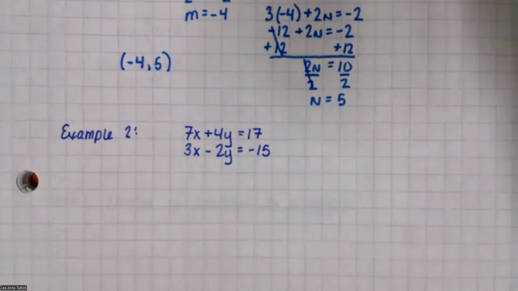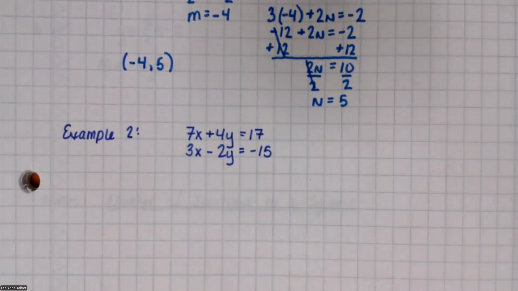Okay. Last problem of the day. So we're gonna start working on how do you know what to multiply by? How do you know which ones to eliminate? Okay, so I'm gonna say, does 3 go into 7? No. That means that's gonna be a harder thing to eliminate. Does 2 go into 4? Yes.